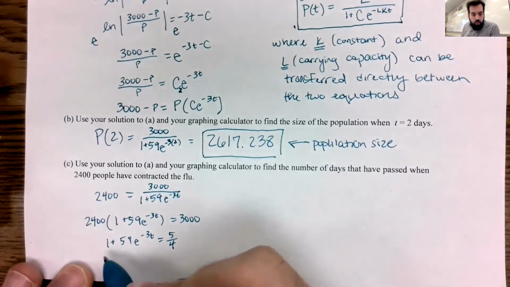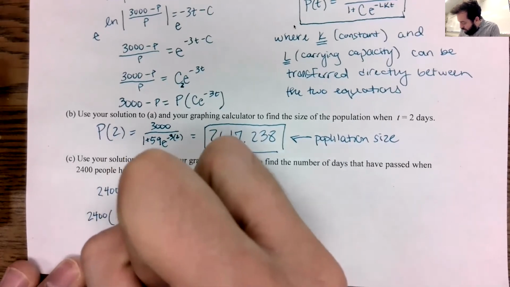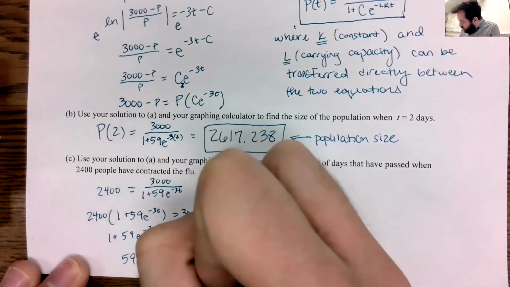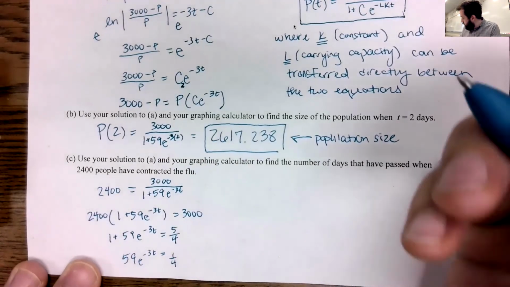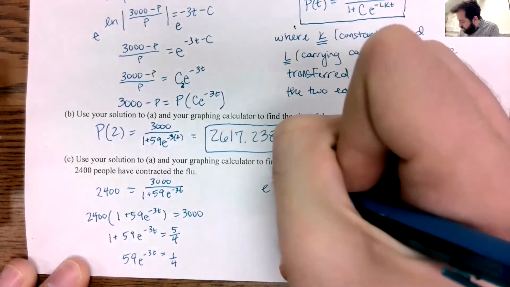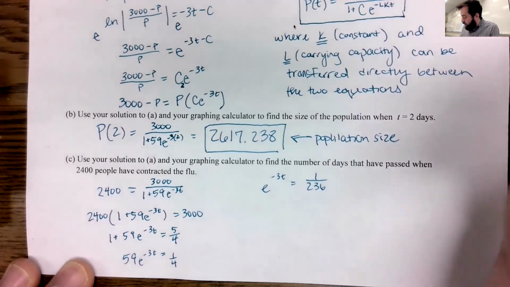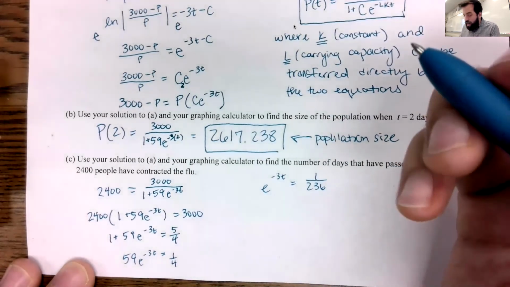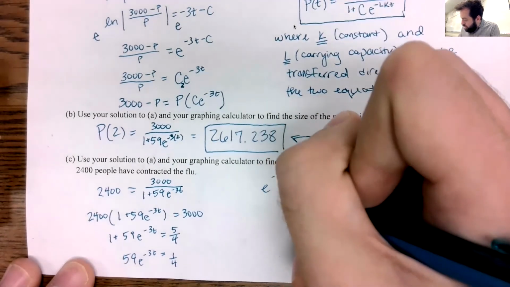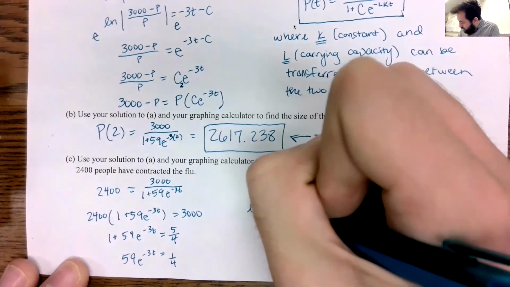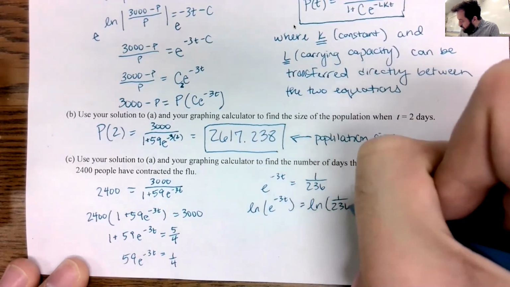I'm going to subtract 1, and I'm just going to continue to solve for t. So I subtract 1, and I get 59 e to the negative 3t equals 1/4. Then I'm going to divide by 59, so I end up with e to the negative 3t equals 1 over 236. Then I'm going to take the natural log of both sides. That's how I get rid of this e right here. So I do the natural log of e to the negative 3t equals the natural log of 1 over 236.